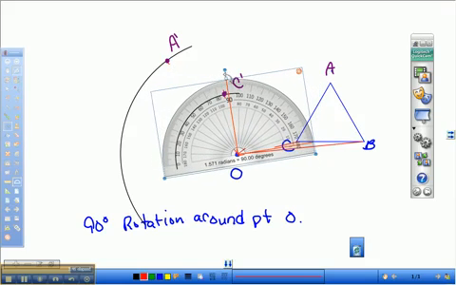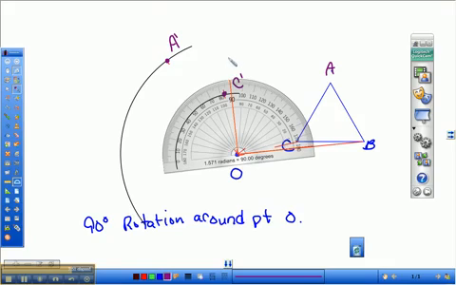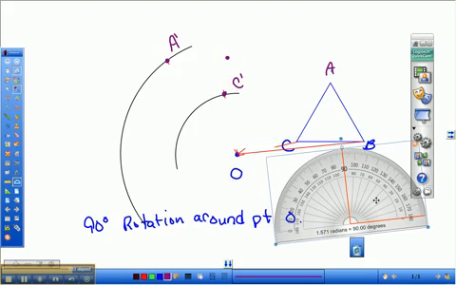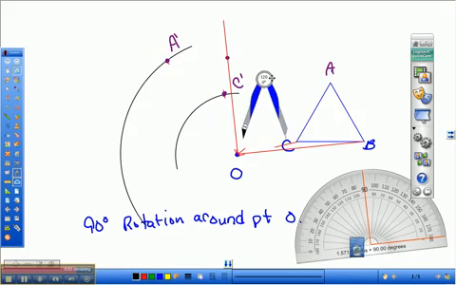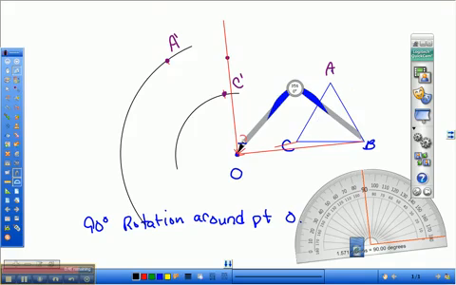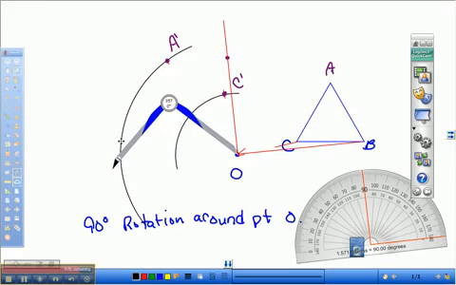Let's draw a line from our rotation point through the 90-degree angle. Next we just grab our compass, set it up at point B, measure our distance, and draw the arc. Mark that point. This point becomes B prime.